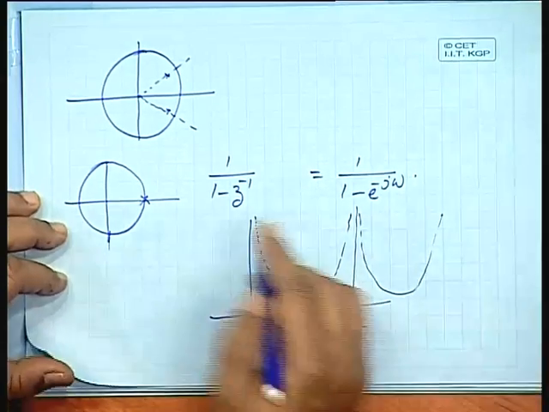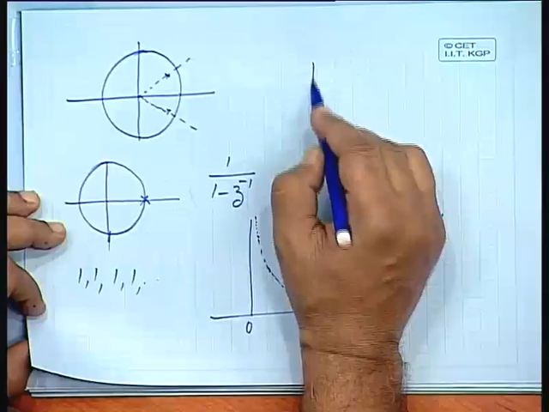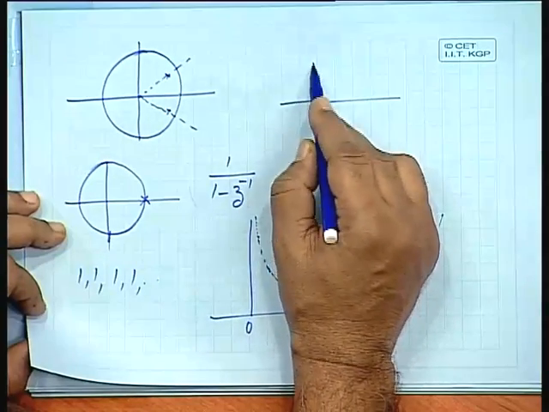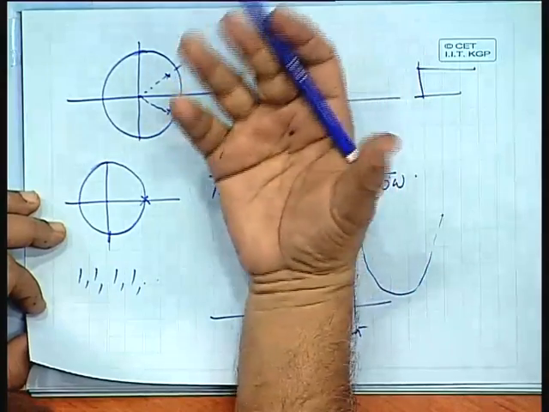Now, this type of filter function we do not like. Why? You give an impulse, what is the response? What is the impulse response of this? It will be 1, 1, 1, 1. This is basically a unit step. So, if I give a delta input and I get an output as unit step, what is it?